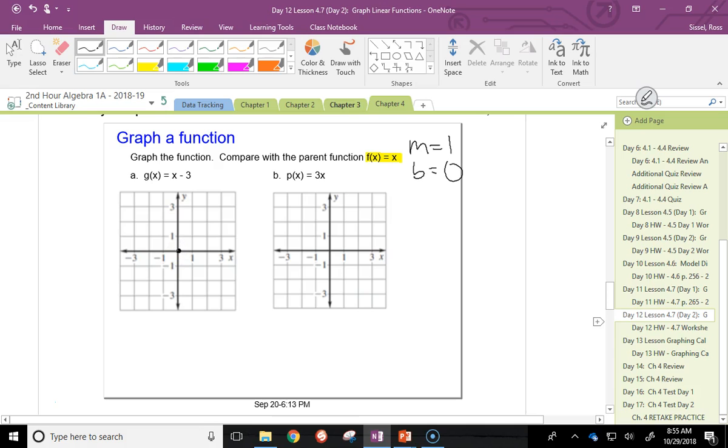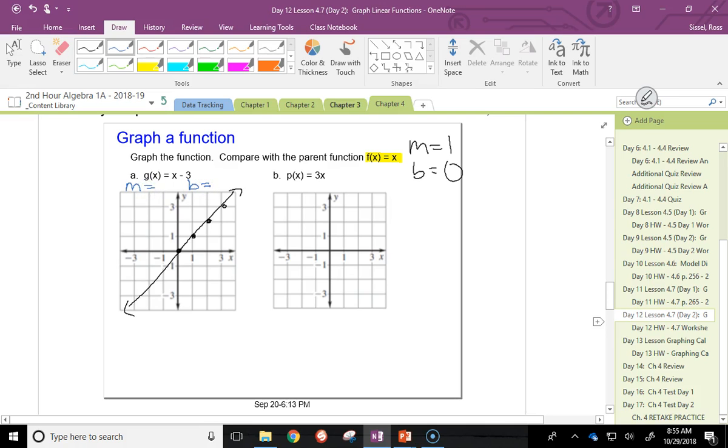And then go up 1 over 1. When you do your parent function, that one should be easy. You shouldn't even have to plot out each point. You should just know it's going through the origin, up 1 over 1: 1, 1, 2, 2, 3, 3, and negative 1, negative 1, negative 2, negative 2. You should be able to draw that diagonal, and it bisects that little angle perfectly every single time.